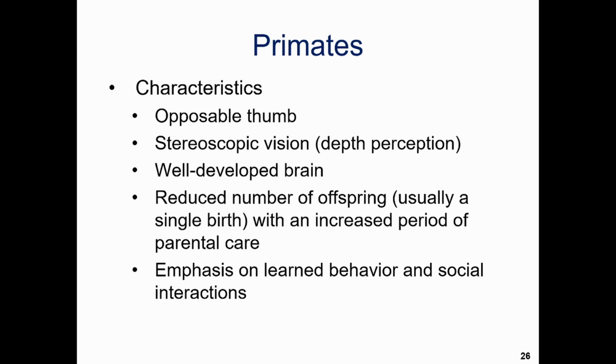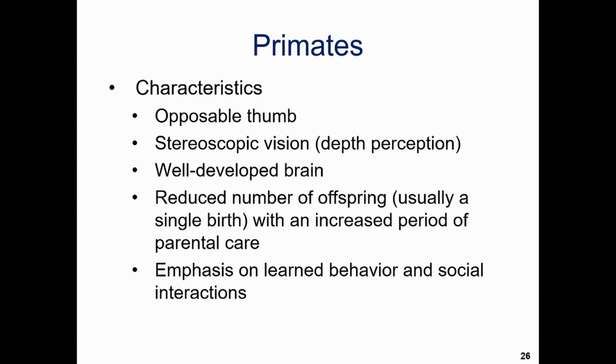Let's focus on the humans for this, and to do that we need to introduce the primates. The primates is a much larger group than just humans, and it includes any organisms that fall within these characteristics. We need to have an opposable thumb. We need to have stereoscopic vision, meaning we have depth perception. We can tell how deep something is or how far away something is.